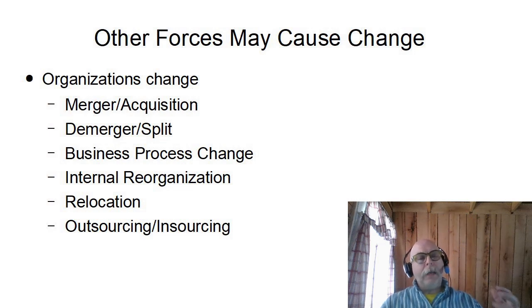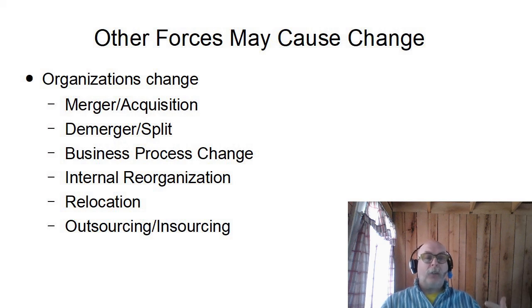We talked about impacts from inside the project. Remember also there are impacts from outside the project that can cause a project to change. For instance, a merger or acquisition. Your company just bought the competitor. Is that going to change the resources? Is that going to change the money? Is that going to change timelines?